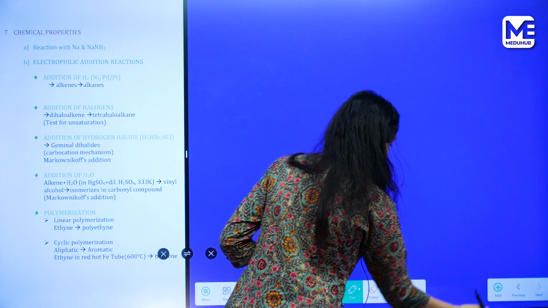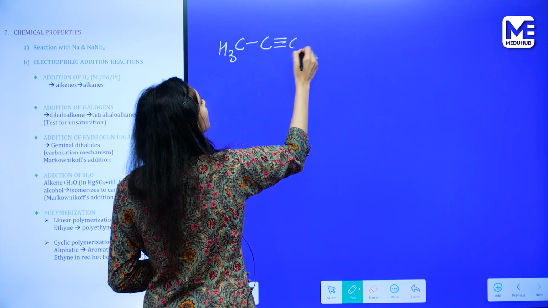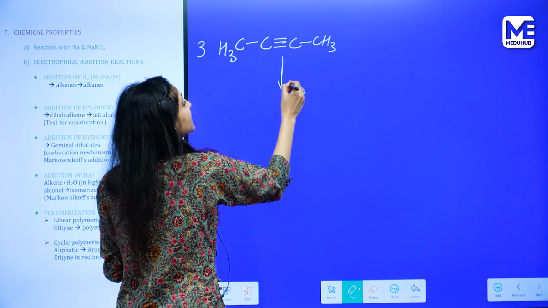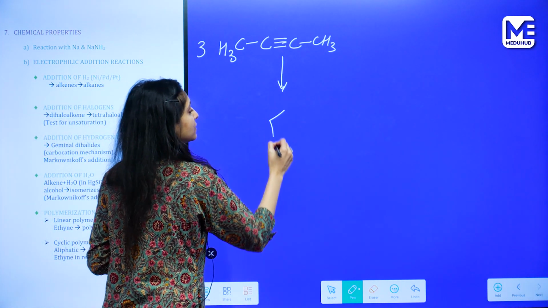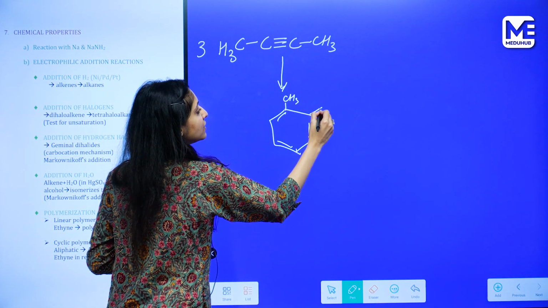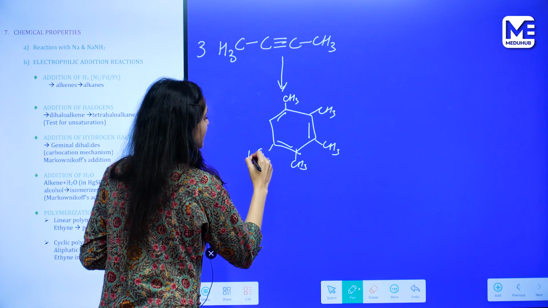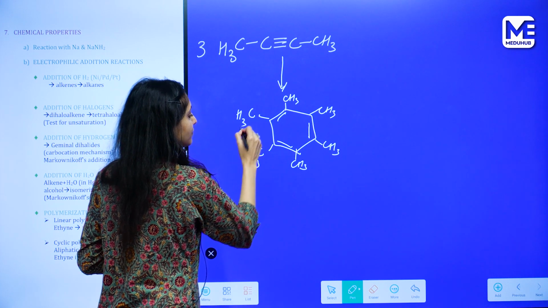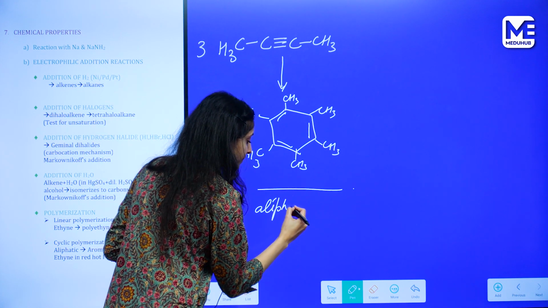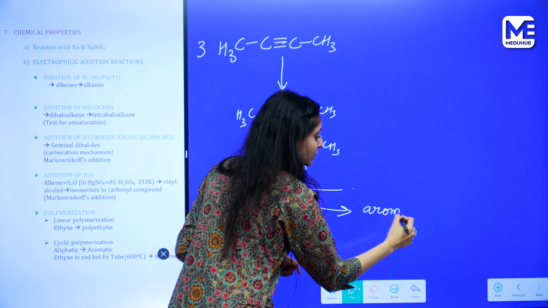Or if we have a butyne, three molecules of this under these same conditions will give us a hexamethyl product, CH3, CH3. This is hexamethyl benzene. So this is a very important reaction where an aliphatic compound gets converted to an aromatic compound.